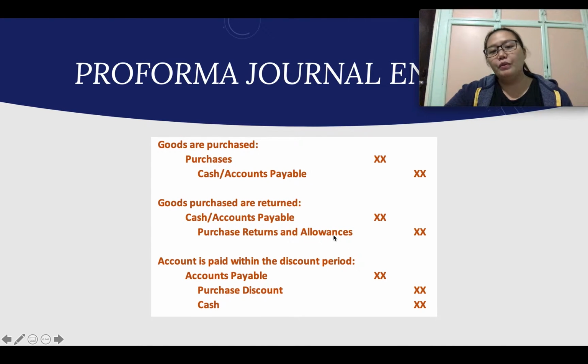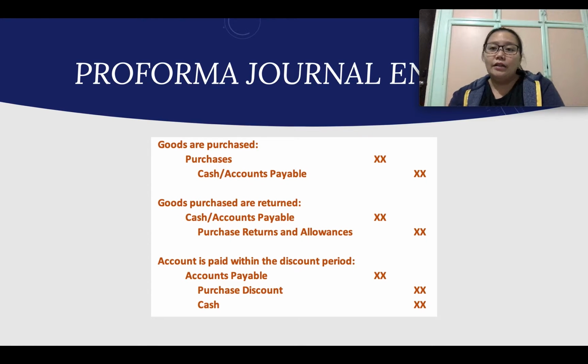So later on, we will differentiate between purchase returns and purchase allowance. And then, if the account is paid within the discount period, our entry is to debit accounts payable, credit purchase discount, and credit cash.